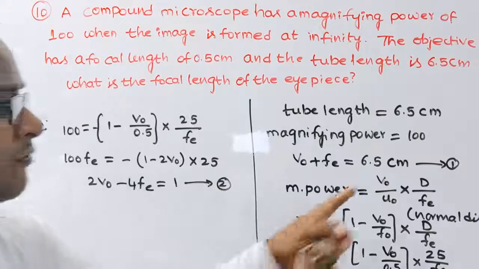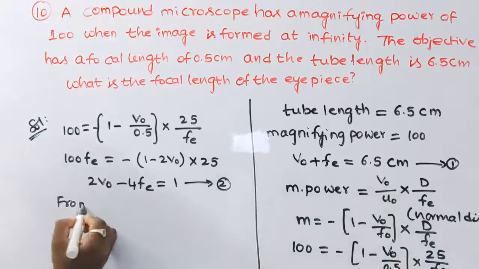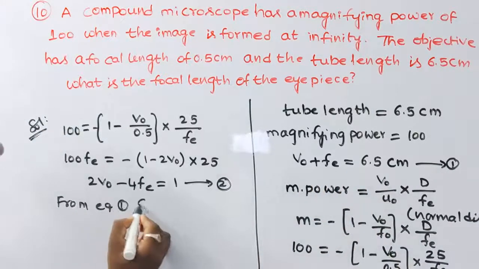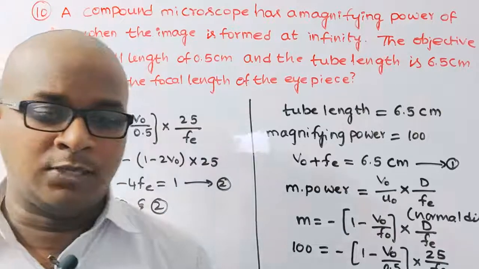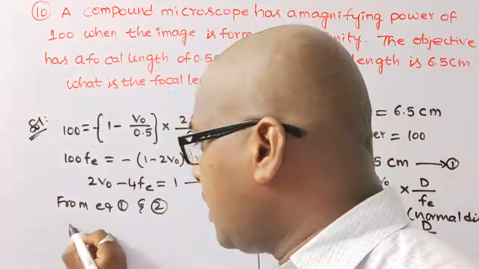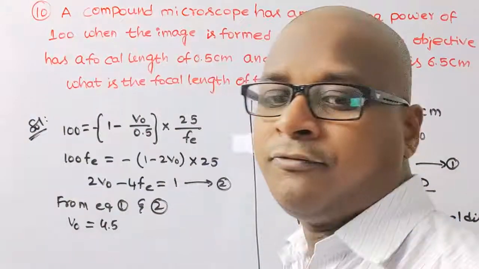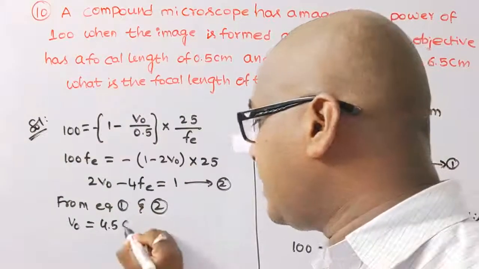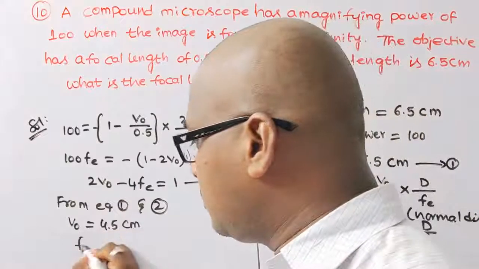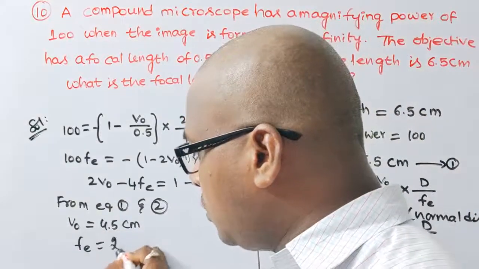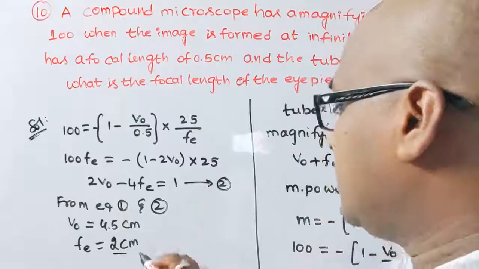Okay, from equations 1 and 2, simplifying, V naught is equal to 4.5 centimeter and FE is equal to 2 centimeter. Okay, this is the answer.